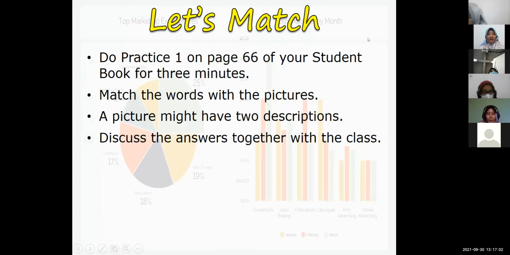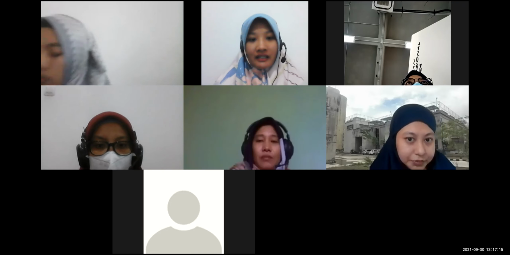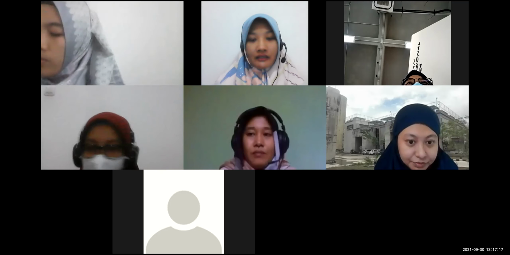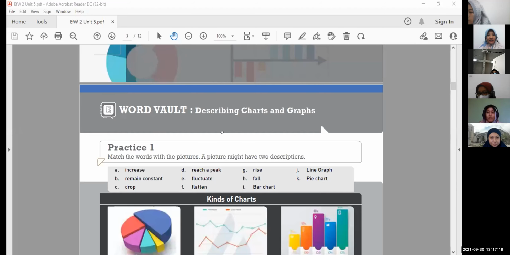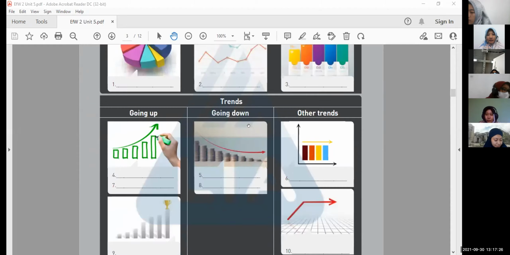I want you to match the words with the pictures. A picture might have two descriptions. I will stop sharing, and you can open the new PDF file that I have sent. We have A, B, C until K, and the numbers as well.